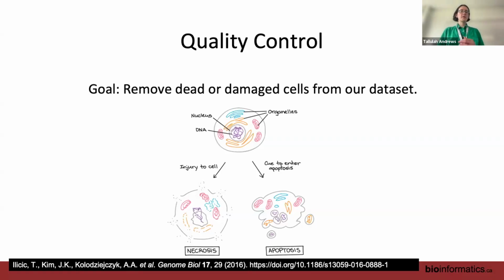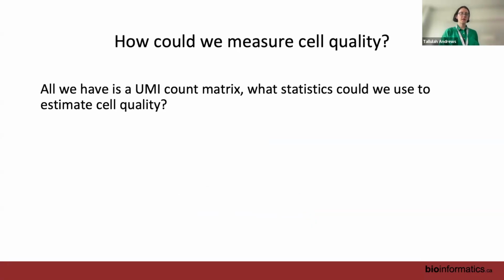Unfortunately, even though we do our EmptyDrops filtering and our Cell Ranger filtering, some cells that are still damaged or super stressed and undergoing apoptosis will be included in our data set, even after that filtering. So we need to figure out how to get rid of these.